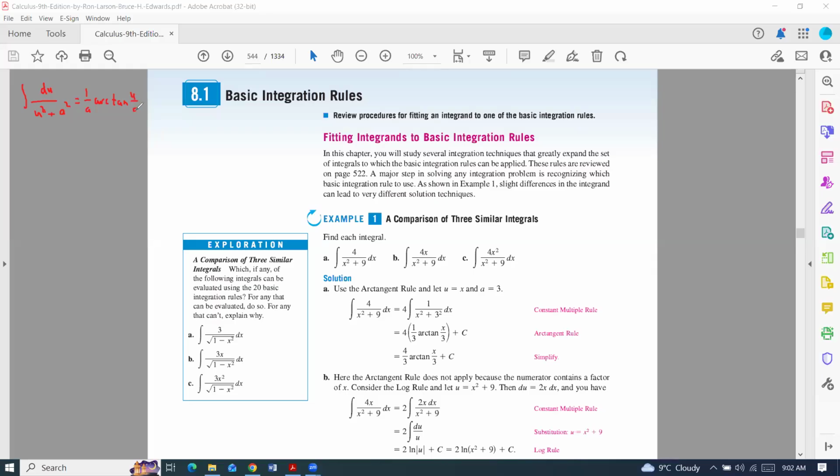And what's good to realize here is that a is a constant. A is going to be constant. So let it be some number. And u is a function of variable, let's say x. So variable is here, it's x.